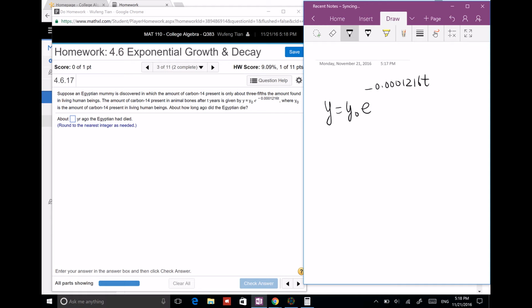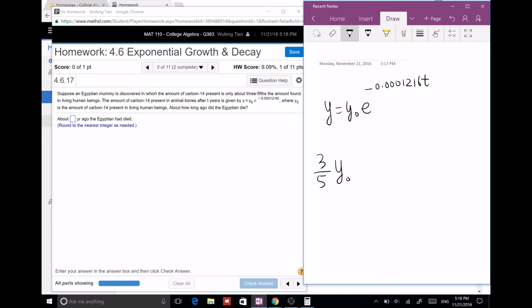Suppose it's discovered that the amount of carbon is only about 3/5 of the amount found in living human beings. The amount of carbon present in animal bones after t years is given by this, where y0 is the amount of carbon in living human beings. About how long ago did the Egyptian die?